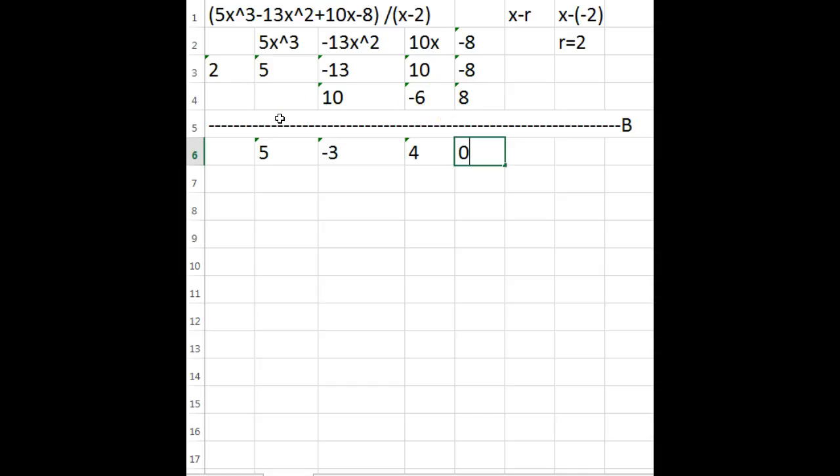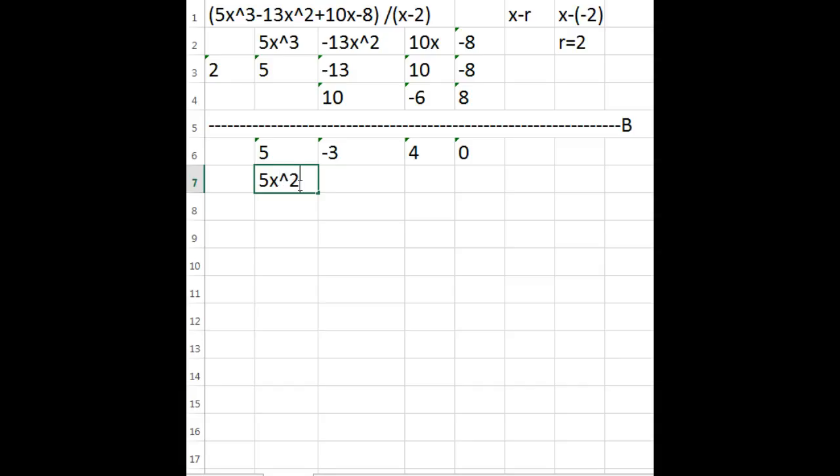Now we have our coefficients: 5, negative 3, 4, and 0. Below that, we can put all of our variables and exponents back on. When writing out our quotient, we go one degree lower than our original. Our original had 5x cubed, so this time we have 5x raised to the second power.